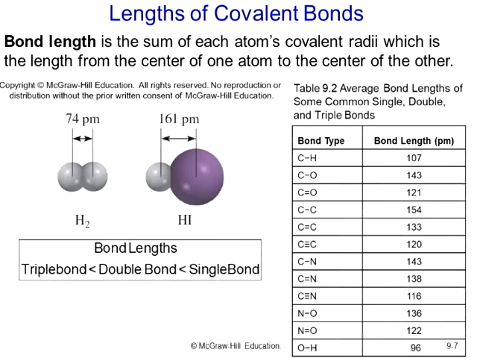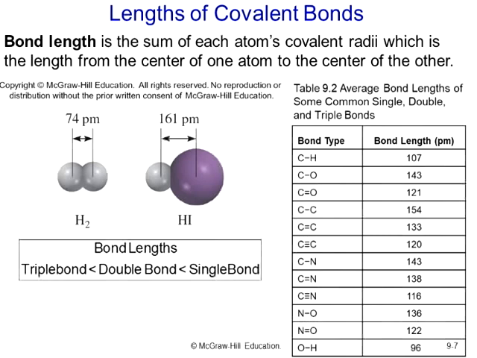Okay, so you basically find the centers of the two atoms, measure the distance, and you have the answer. Okay? And we show you the bond length here in picometers for some typical compounds. All right?